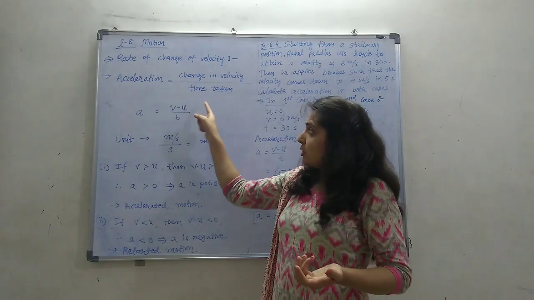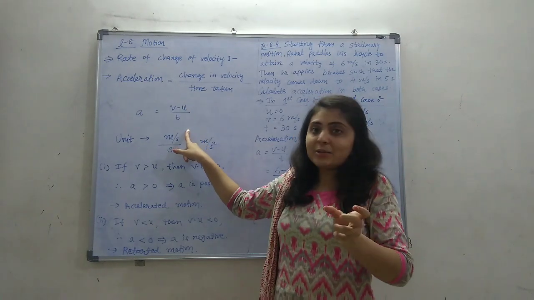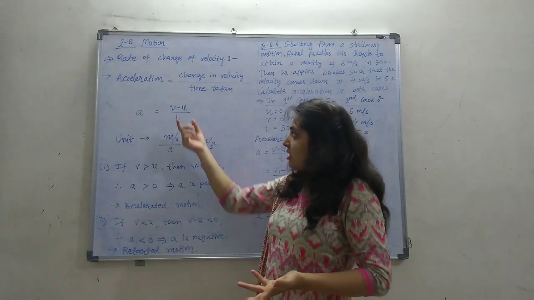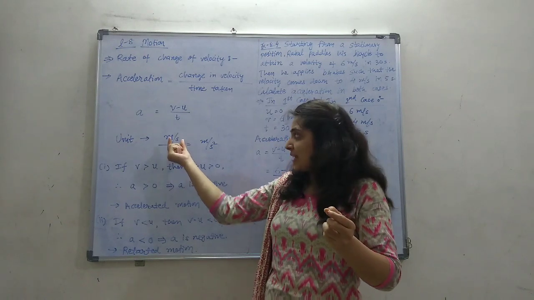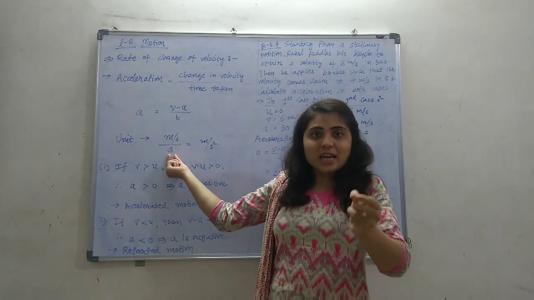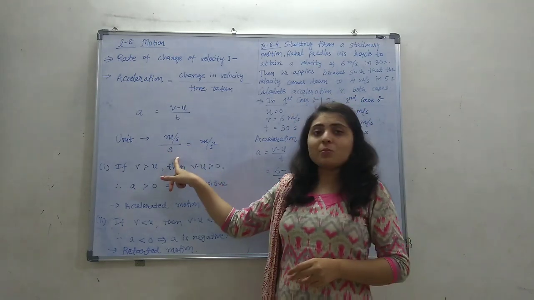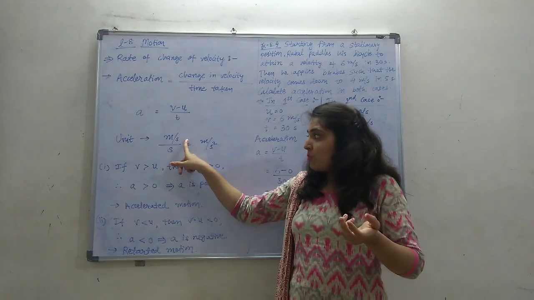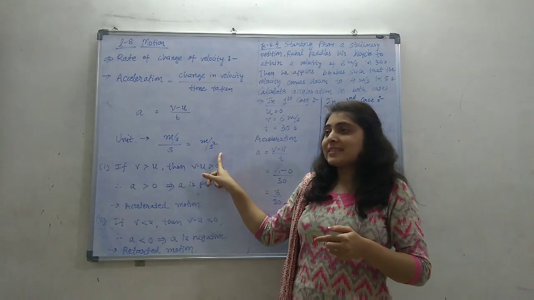Acceleration is equal to velocity term in the numerator and time term in the denominator. The velocity unit is meter per second and the time unit is second. So meter per second upon second: the denominator of the numerator goes to the denominator, so second into second, second square.